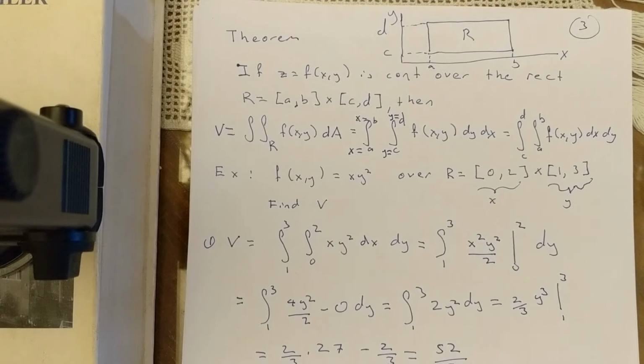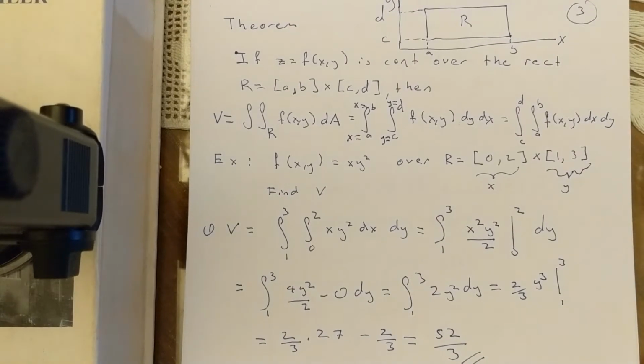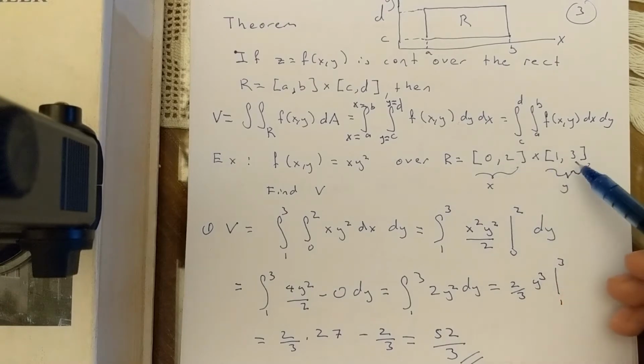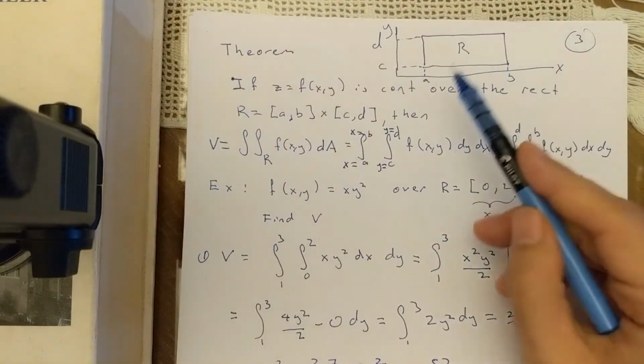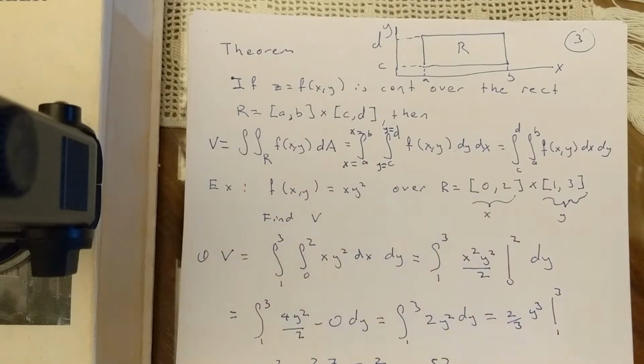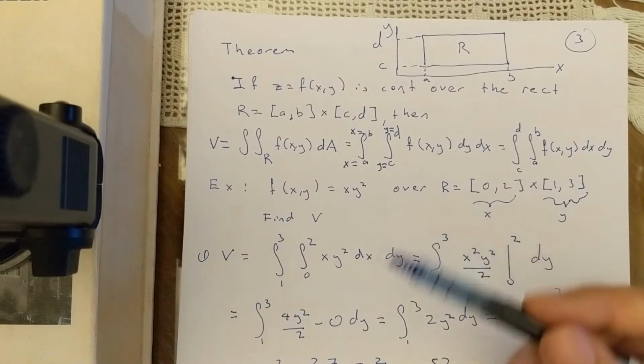Let's get down to an example, okay? Let's say I'm interested in the surface x y squared, whatever that looks like, over the rectangle [0,2] cross [1,3]. So all we have to do to calculate the volume is apply the formula.